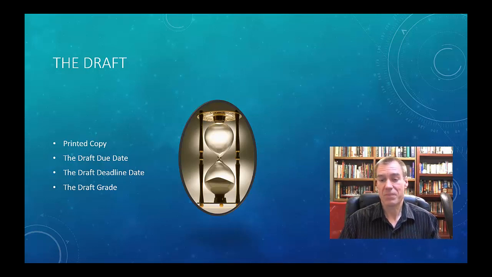So if people come in at the last minute and there are 10 drafts and I've got an hour, I'll spend 6 minutes per draft. If I've got 20 drafts and I've got an hour left, I'll spend 3 minutes per draft. And once the deadline goes, it's gone.